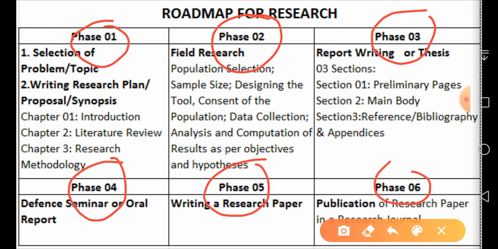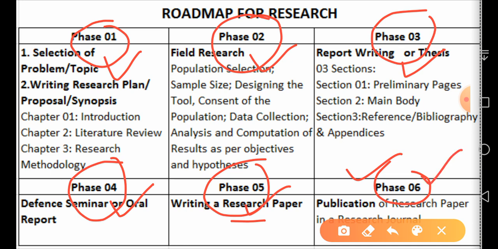Out of these six phases of research, phase 1, phase 2, phase 3 and phase 4 are essential for a BS student, and a BS student has to follow the first four phases, but these two are optional. The last one is writing a research paper and getting it published in a research journal.